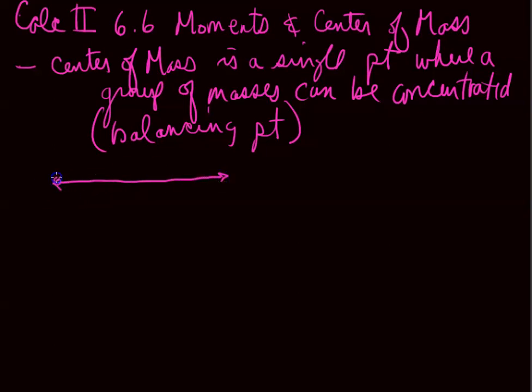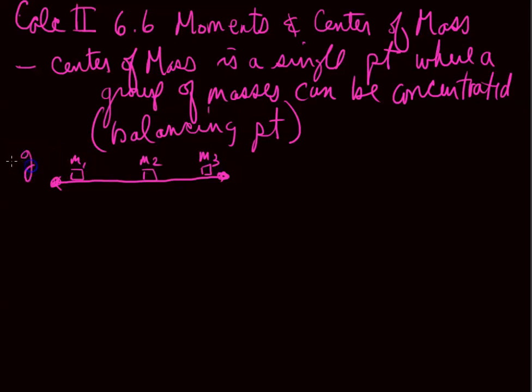So if you have this line, and it's really a line segment, it's a certain length, and there are some of these weights sitting on here. Each has a mass. We'll say mass 1, mass 2, mass 3.